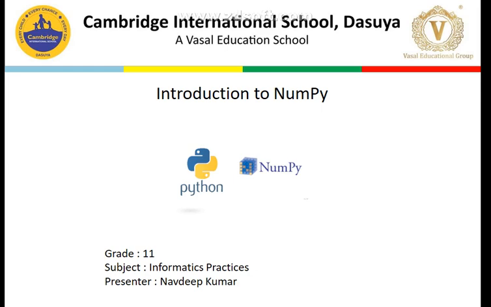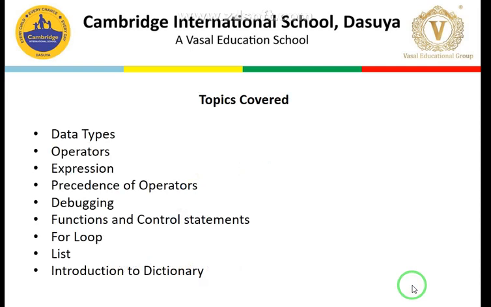Before we discuss NumPy, let's have a look at what we have covered earlier. In the last sessions we have covered the different data types, the different operators in Python, what an expression is, precedence of operators, debugging, and the different types of bugs.